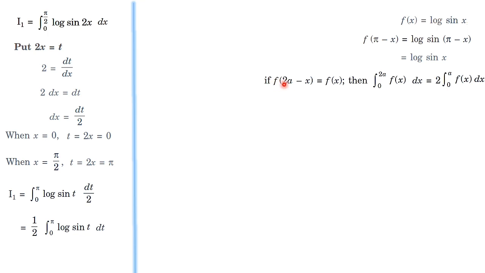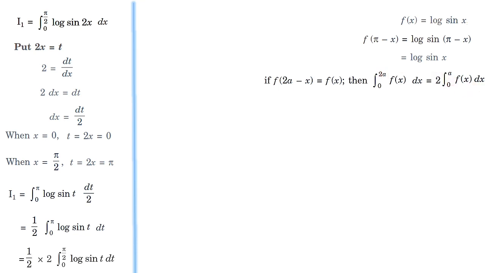So if f of 2a minus x is equal to f of x, then integral 0 to 2a f of x dx is equal to 2 into integral 0 to a f of x dx. In the previous slide we discussed this in the same question itself. We have applied this property one time.